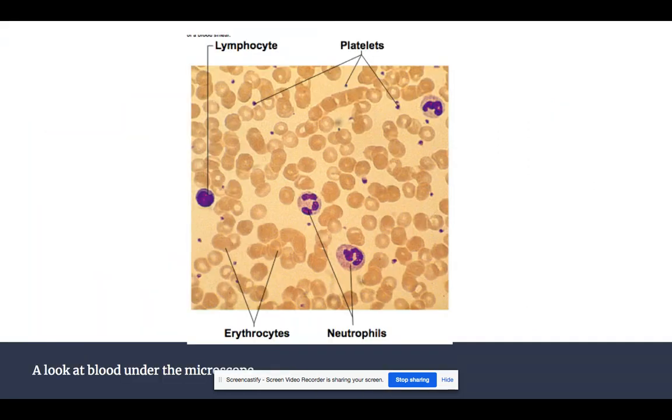So here we can see a microscope slide of these different elements. The red blood cells are going to be these tannish, circular looking ones. Those are going to be the majority, again, 45% of blood, but the majority of the formed elements are going to be the red blood cells. And then we see these purple stained guys here.